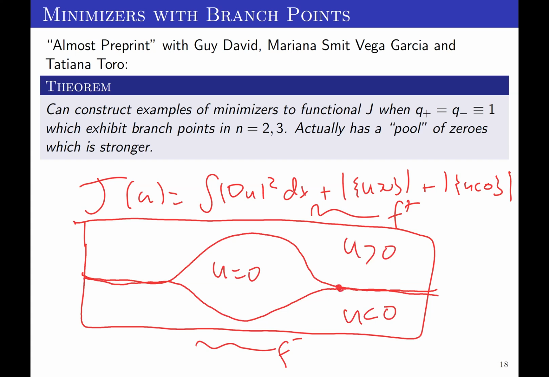And so in particular, there are 2 nice branch points here and here. And we're actually able to show more. We're able to show that outside of this sort of interior box, there's only 2 phase points. So you have 1 phase points inside and 2 phase points outside. So we can actually construct these examples. Great. So this shows that we haven't been wasting our time, that understanding branch points is important because they actually do show up.